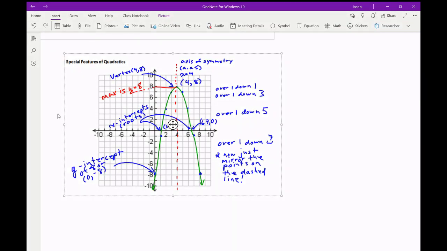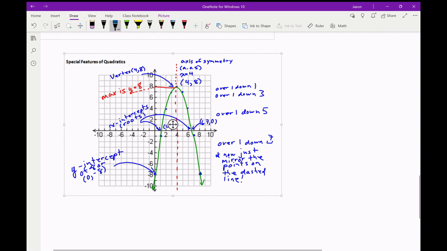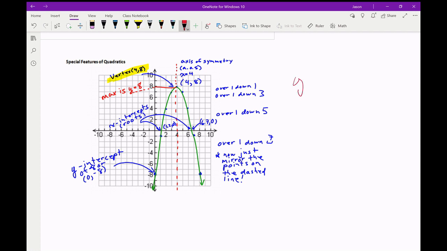So here's what we have in summary. The top or the bottom of a parabola is called the vertex, and I'll highlight that here. In this case, our vertex is at 4, 8. I also talked about the steps of the parabola. For y equals x squared, our steps are 1, 3, and 5.